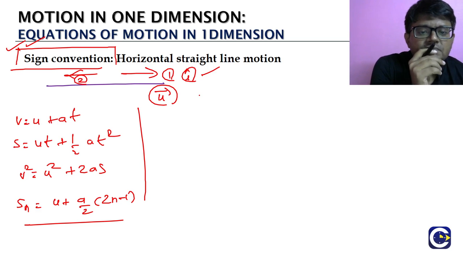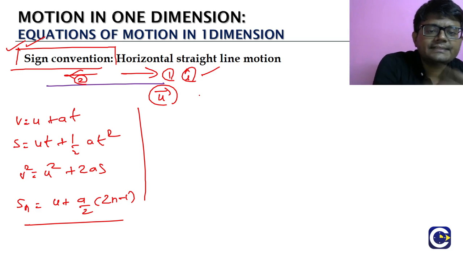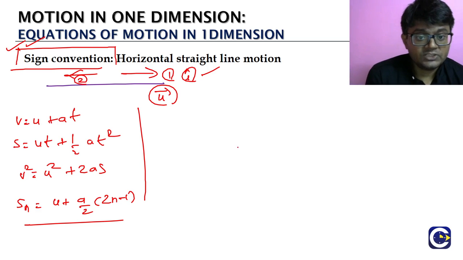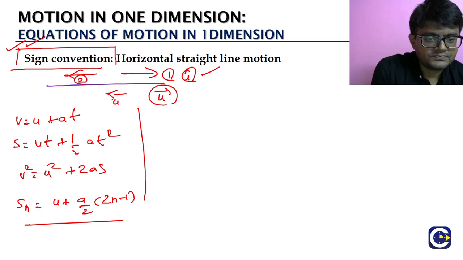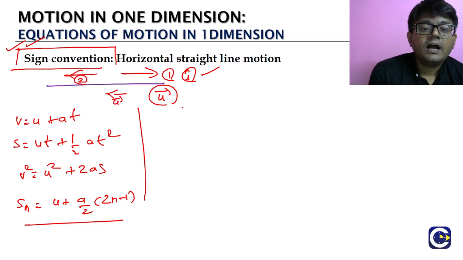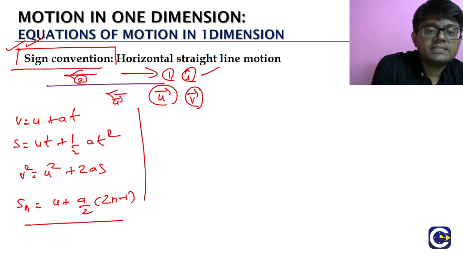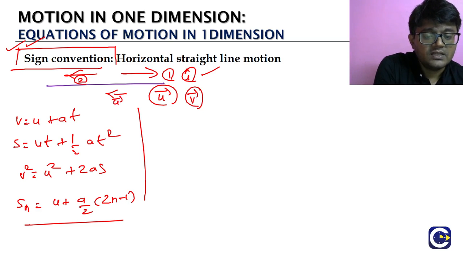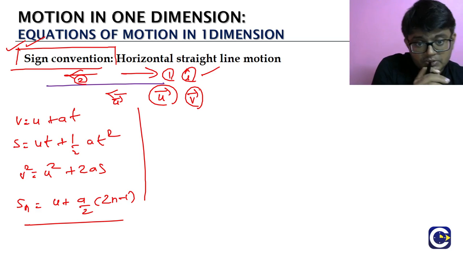And if the acceleration is in the opposite direction, and the final velocity is in the same direction as the initial velocity, understand clearly what we are saying: initial velocity and final velocity are in the same direction, and only the acceleration is in the opposite direction.